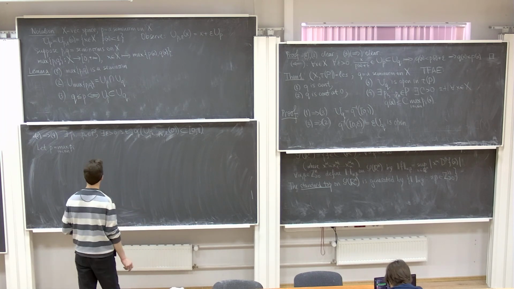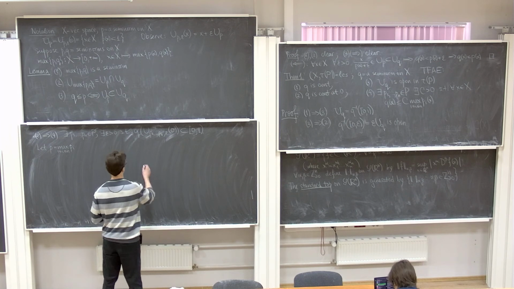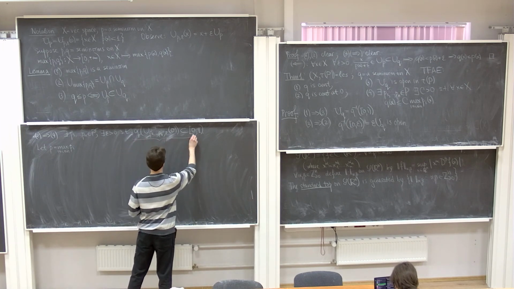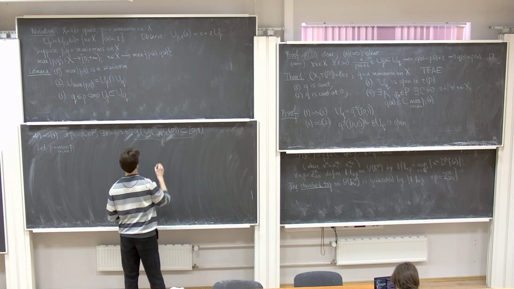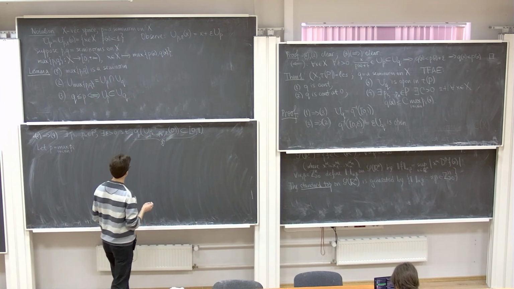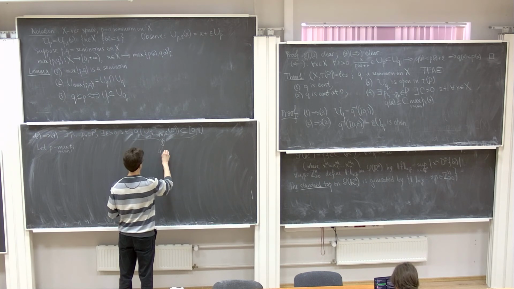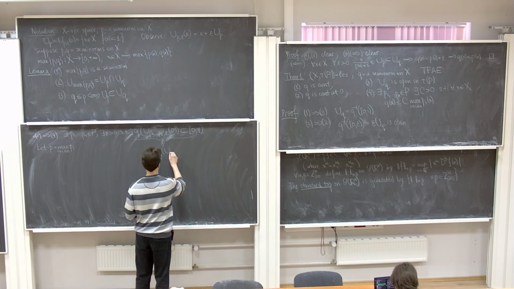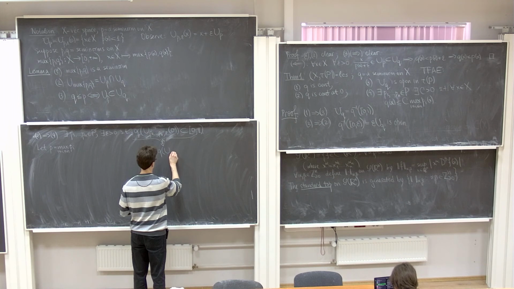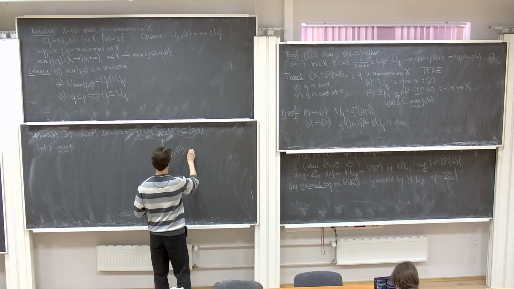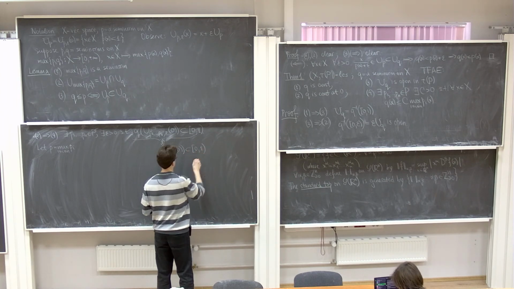And let's observe that this inclusion means the following. So this means that Q takes U_{P,epsilon}(0) to the half interval [0, 1).